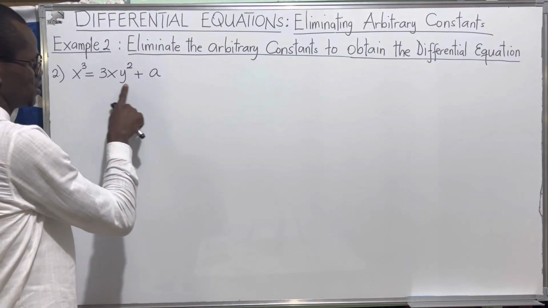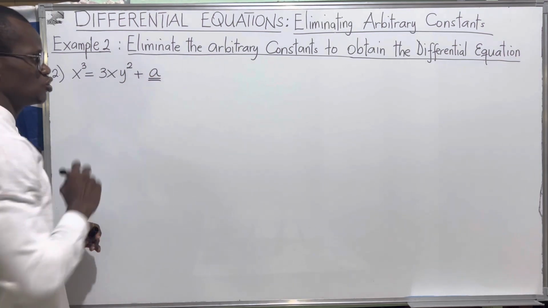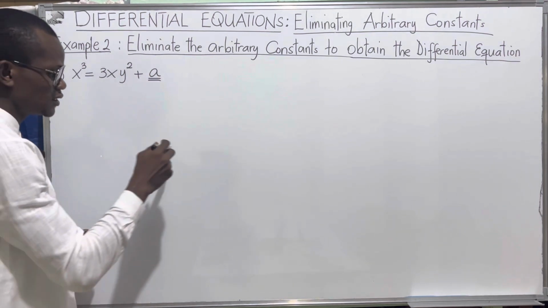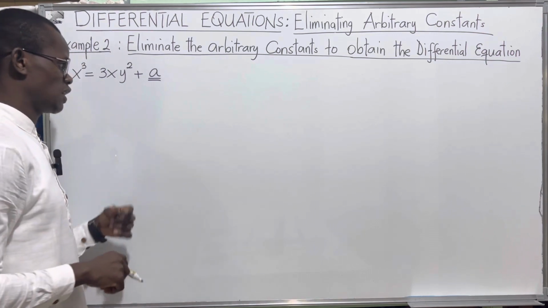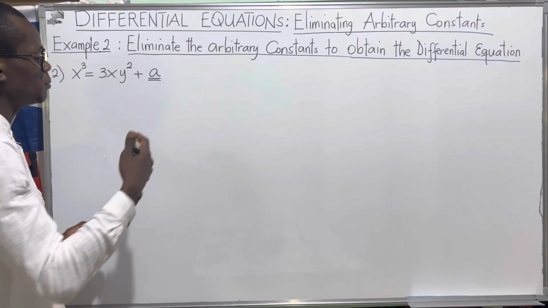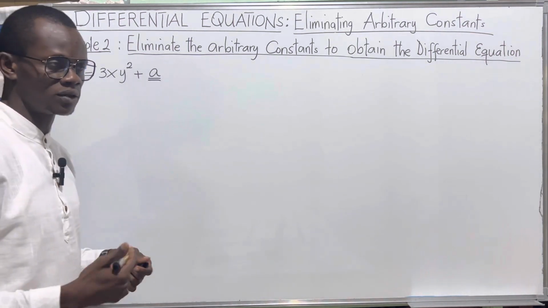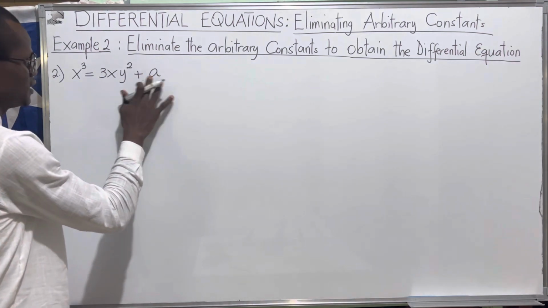So we observe carefully and we know that we have a single constant. So we told you if you have one constant, you differentiate once. If you have two constants, you differentiate twice, and so forth. So the number of constants that you have within the problem determines the number of times that you have to differentiate. So for this, it's just easy.